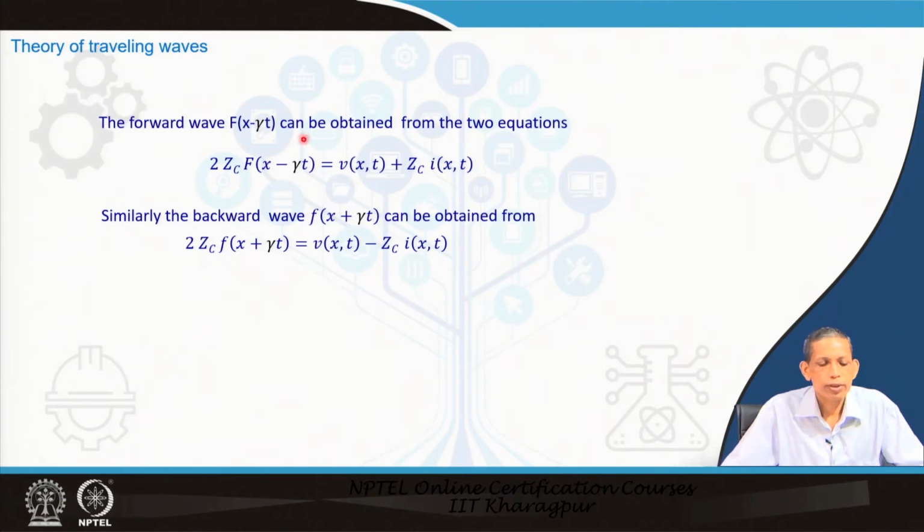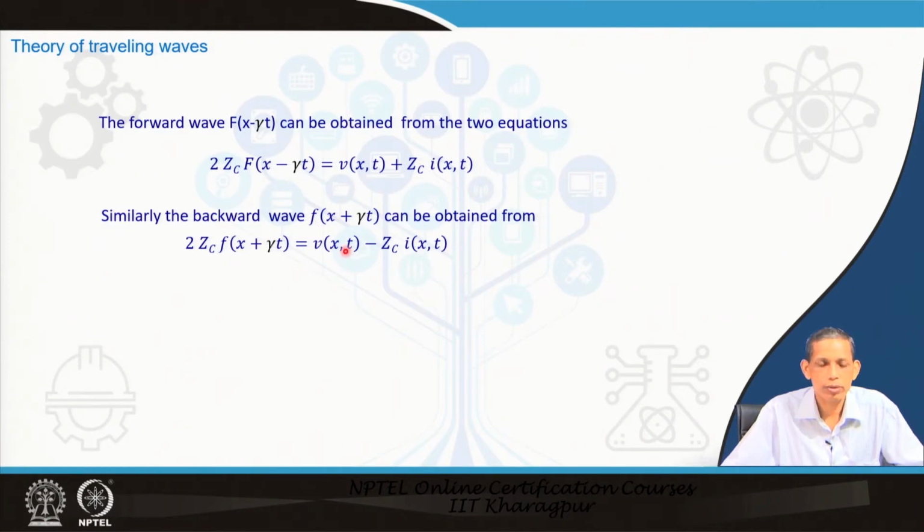And the forward wave can be obtained from the two equations as we see. So, 2 Z c F(x minus gamma t) equals V(x,t) plus Z c I, and similarly the backward wave f(x plus gamma t) can be obtained in terms of V minus Z c I. So what we would like to say here is that at a given location, if we have measurements of voltage and current, V(x,t) and I(x,t), we can find the forward wave and also the backward wave.